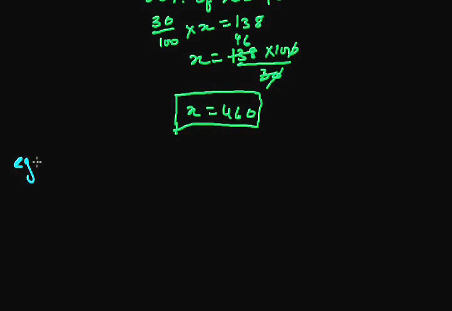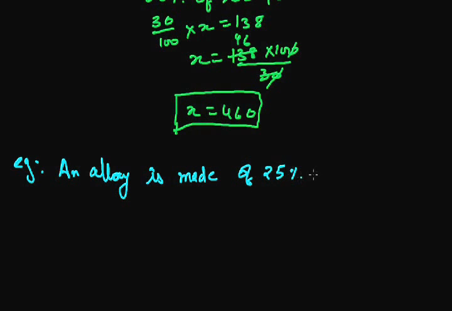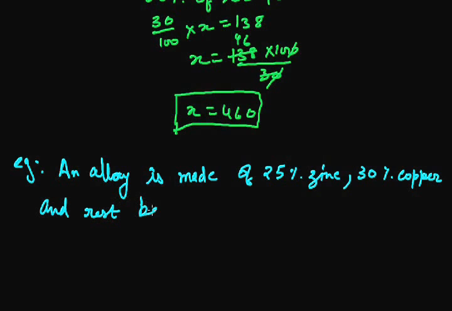Next example. An alloy is made of 25% zinc, 30% copper and the rest being nickel.